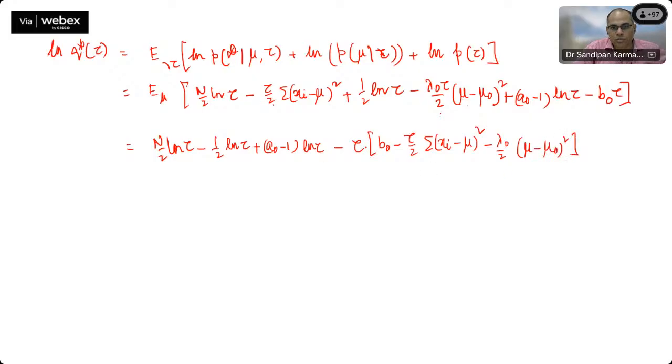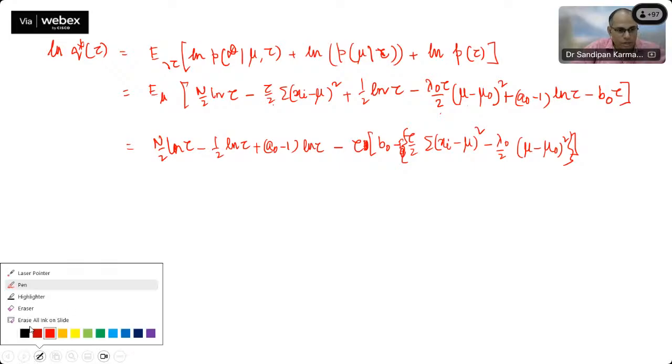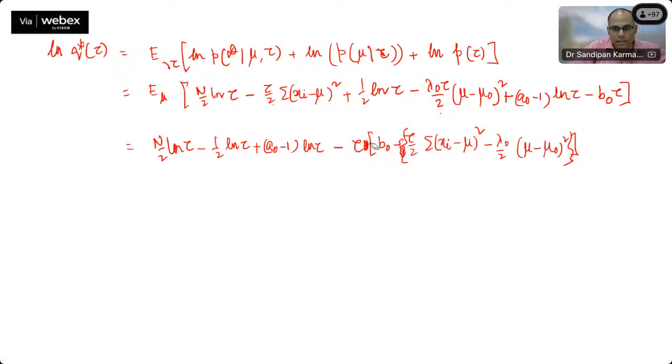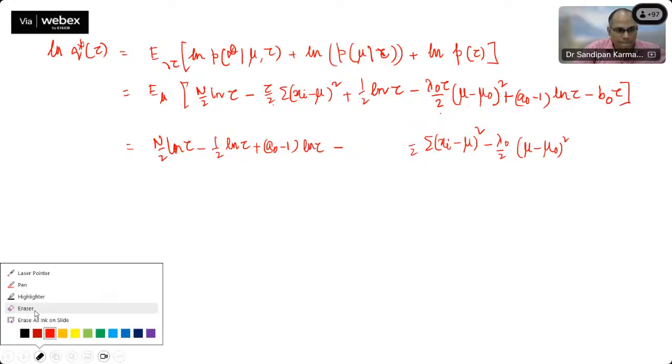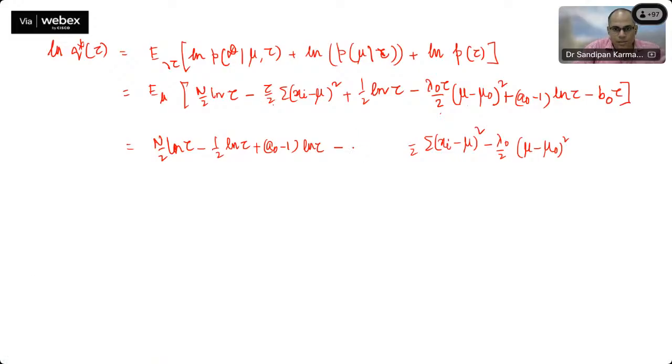And this will have the expectation with respect to mu. Now where will it be working? It will be working only on this part, because only these components have mu in them. So let me write it a little more clearly.